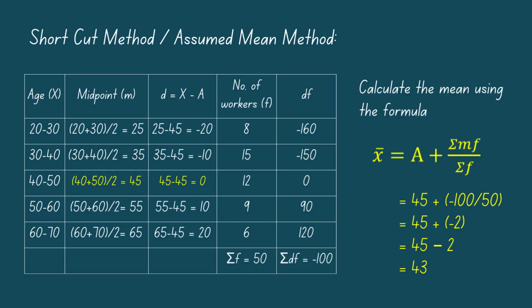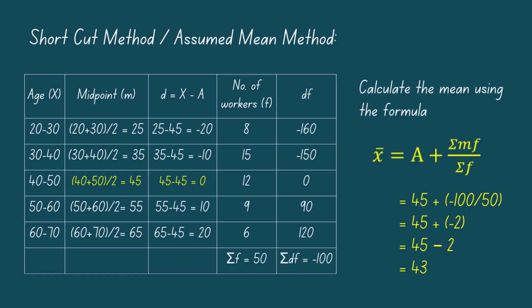So we have 45 plus minus 2, which is 45 minus 2, 43. And this is exactly the same answer as when we use the direct method also. So this kind of cross verifies the answer. So you have both the methods in front of you. You can use whichever you find easy to calculate mean when a class interval is given.